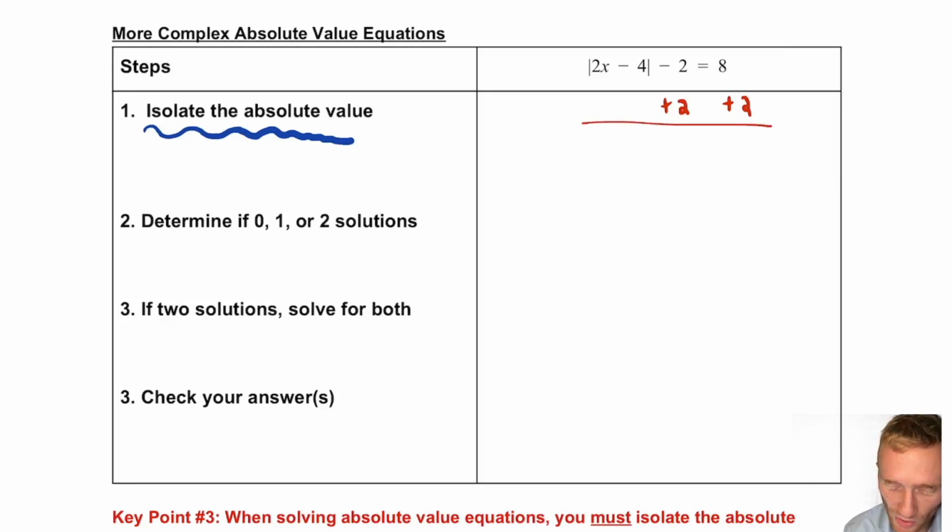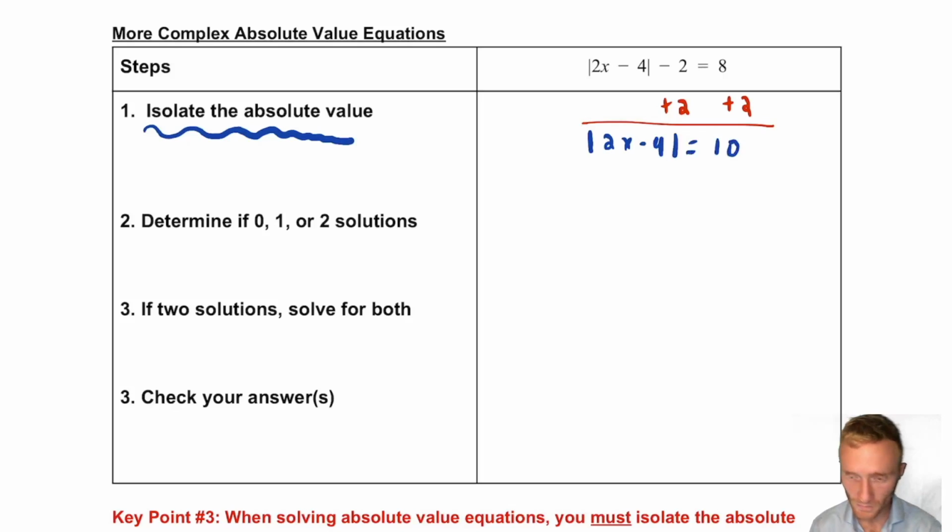So we move that over to the other side, and what we have left is the absolute value of 2x minus 4 equals 10. So we have an absolute value that is set equal to a positive number. Like we showed before, there are going to be two solutions. And so we're going to split into the two possibilities.